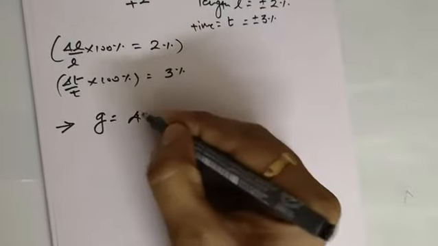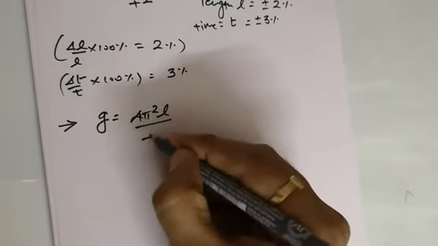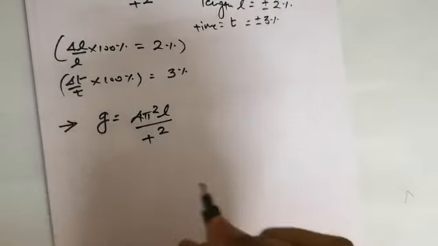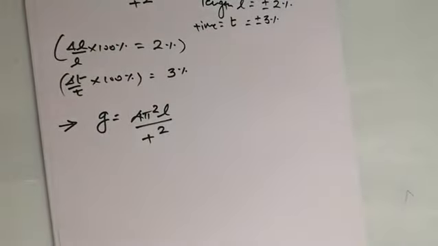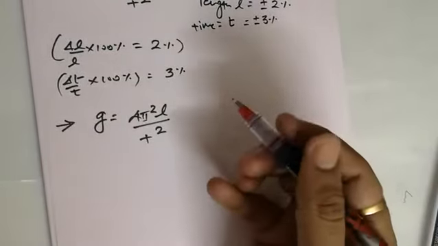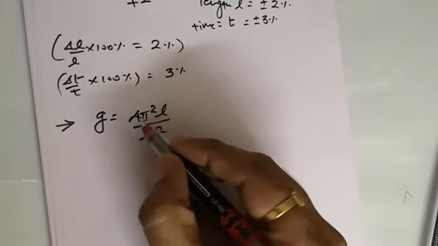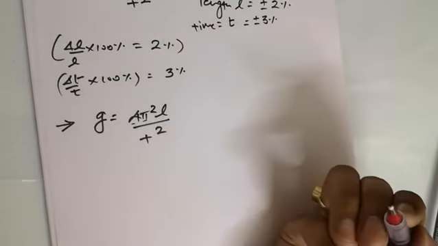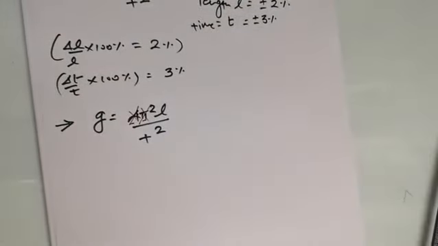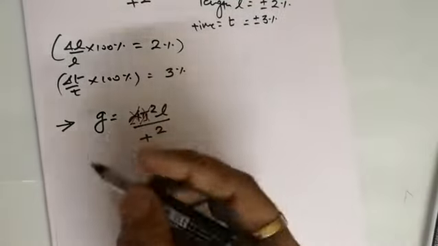So now we are switching to our data. g equals 4 pi square l divided by t square. Whenever you are calculating such type of data, power, or addition and subtraction rule, we are not in a position to include such constants. That pi is a constant part, it does not contain any type of error. Numbers do not contain any type of error. So we neglect them whenever we are calculating for the error part.